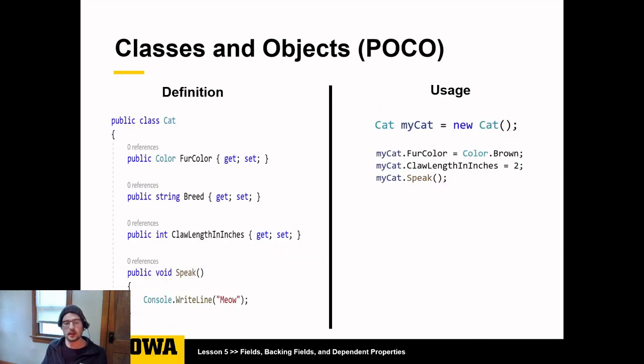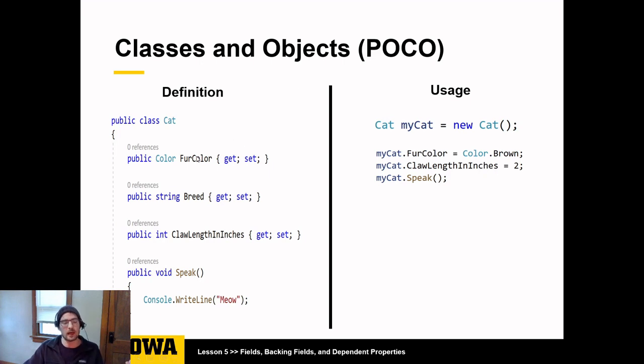Okay, so starting out lesson 5 here, I just want to refresh everyone's mind on classes and objects. We talked about defining a class, a blueprint or definition that tells you how an object works in general, or what data an object contains in general.